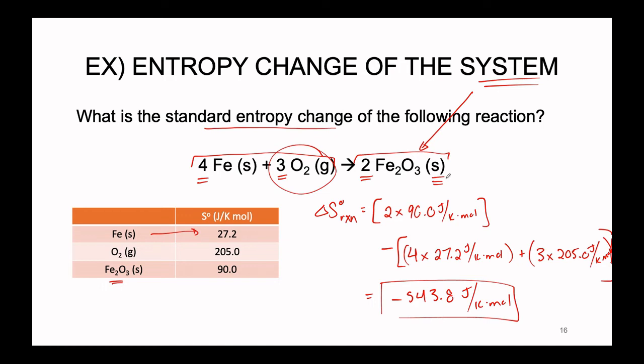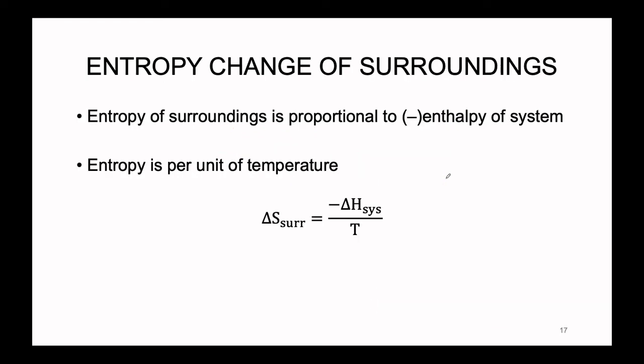The problem here, again, is we know that this reaction is spontaneous. So how can we find a positive entropy value if the reaction itself has a negative entropy? We can observe the entropy change of the surroundings to answer that question.